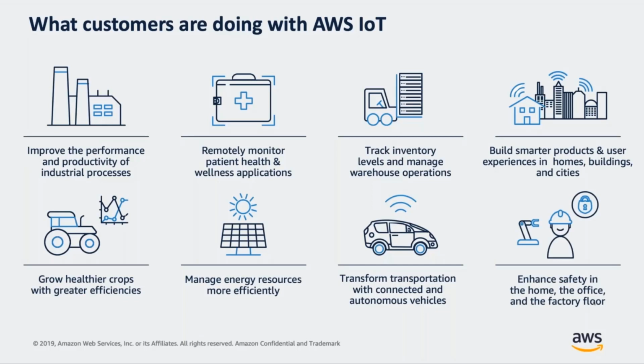Then IoT devices are also used extensively to enhance safety and make sure that the factory floor as well as your homes are safe to do the business that you are in.